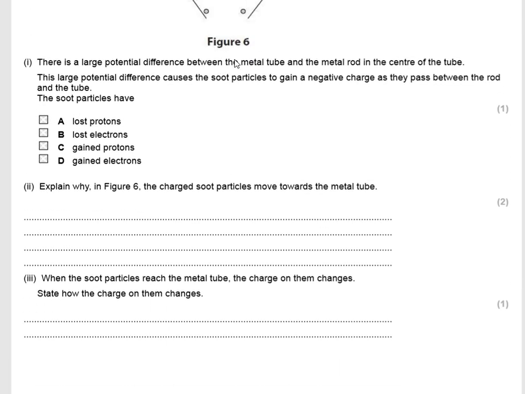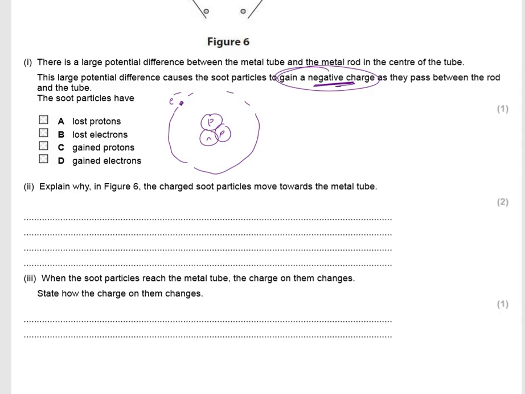Okay, so one thing we need to remember is that it's always gaining negative charge. Now, if I draw the atoms there, protons, neutrons, I have the electrons around it. Which of these will move? So again, the rods, the soot, what do they have?